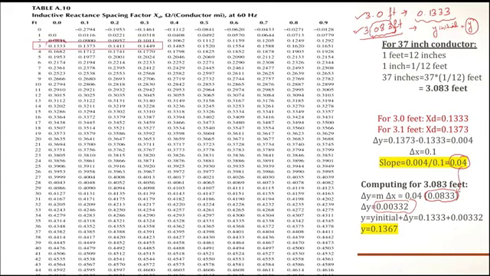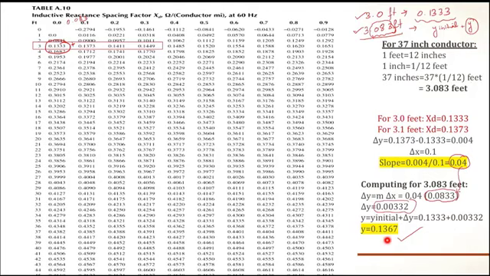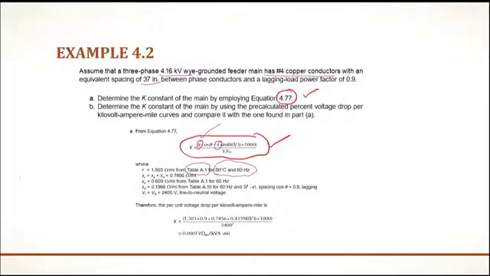So this is the value of y and we need to add the value of y corresponding to 0.083 feet, and finally we will have this value of y. So for 3.083 feet, this is the spacing. You can see over here the spacing for 37 inches is 0.1366. So you can see this is 0.1367, which is approximately the same.